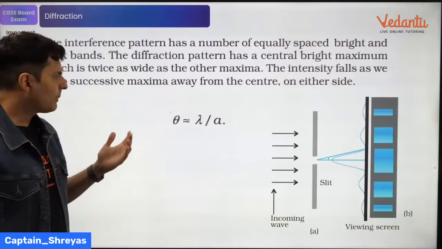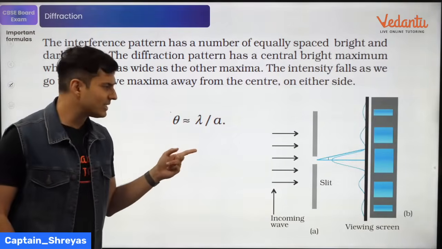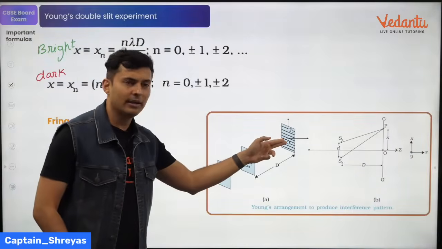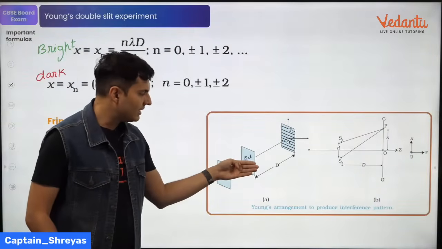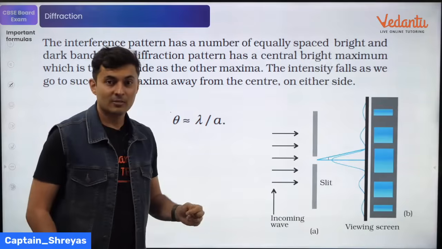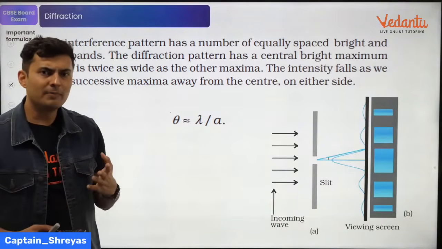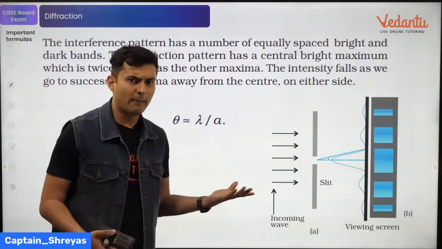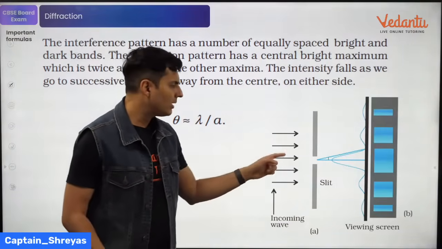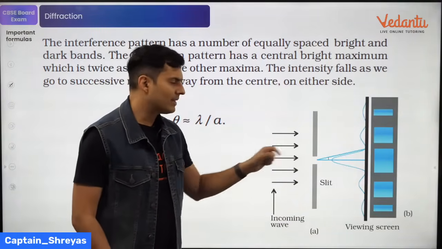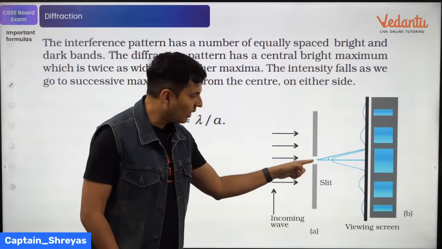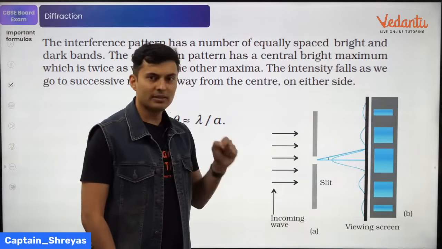Now, there were people who thought, if two slits can create interference, can only one slit also create interference? The outcome was yes. So then people wondered, why does this happen? Then they realized that even if you have one slit, in that small area you have many points.